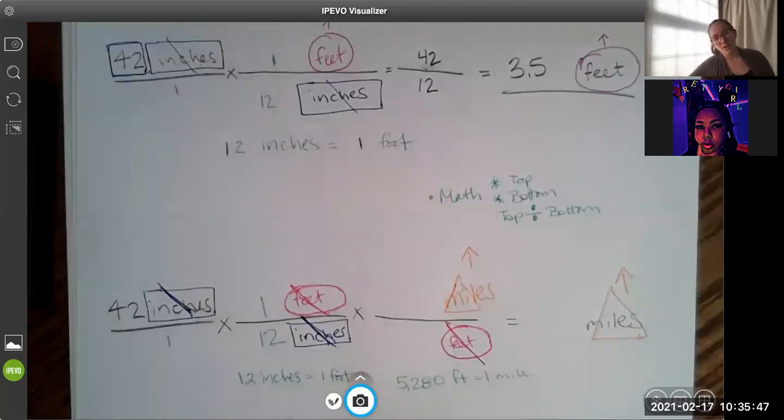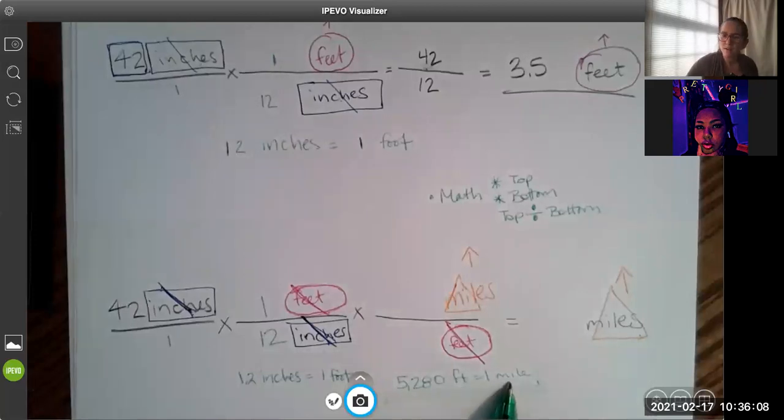Super close. 5,280 is in the conversion factor with the miles. But what is the unit right after 5,280? Feet. So does the 5,280 go with the feet or with the miles?